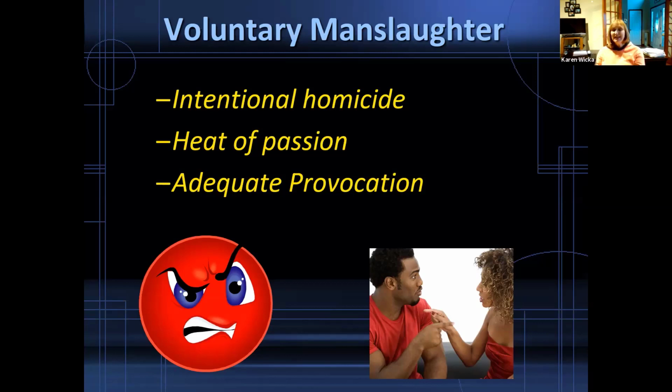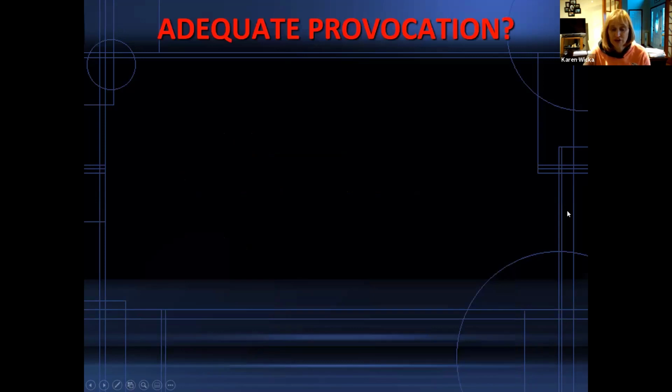So what the law says is, even if you intentionally kill somebody, if you do it while you're in this extreme emotional state and the victim provoked you into that state in some way, then you may not be charged with murder first. We may be able to drop it to this lower level crime, which is voluntary manslaughter, okay? So you have to be able to prove heat of passion and adequate provocation.